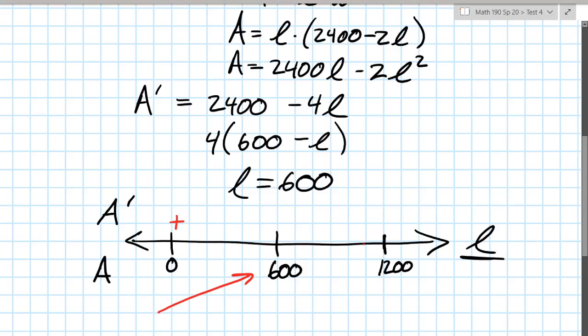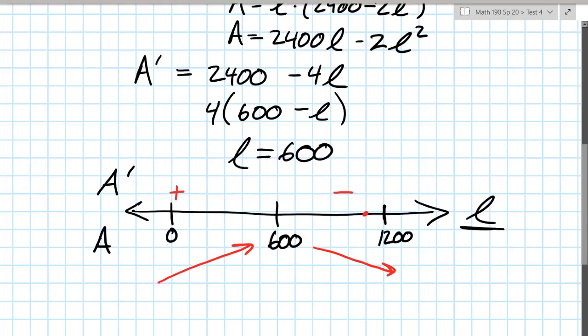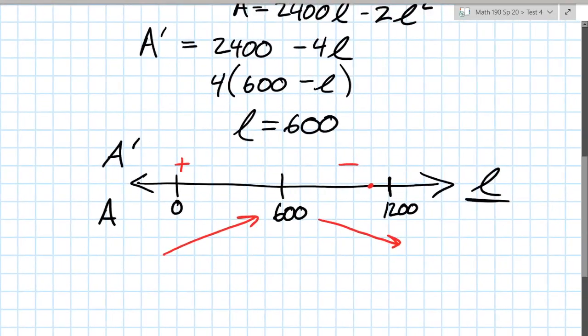And if I pick something large over here, anything larger than 600 will give me 4 times a negative number, which is negative, and decreasing over here. So what do we see? We see there is a max of area when L is 600.